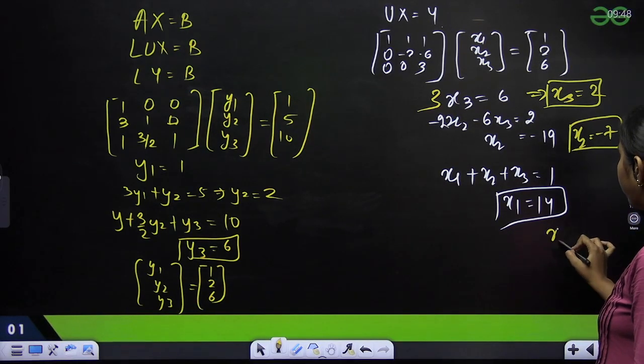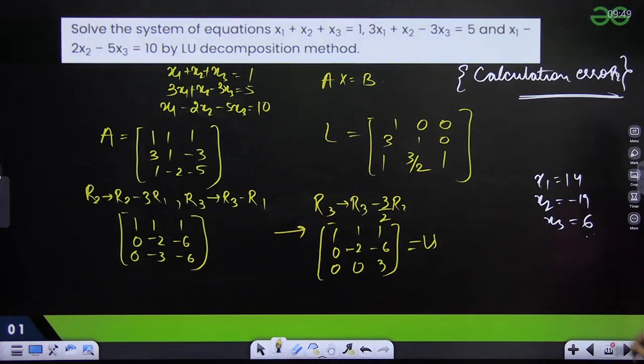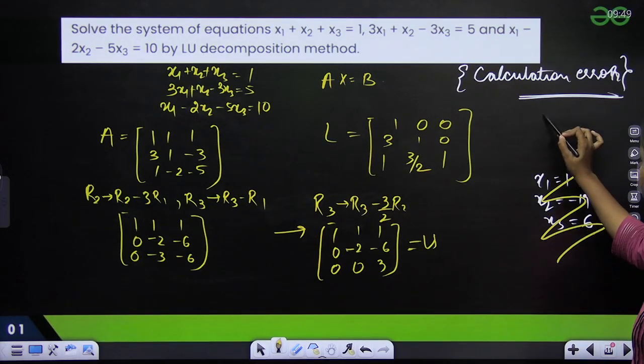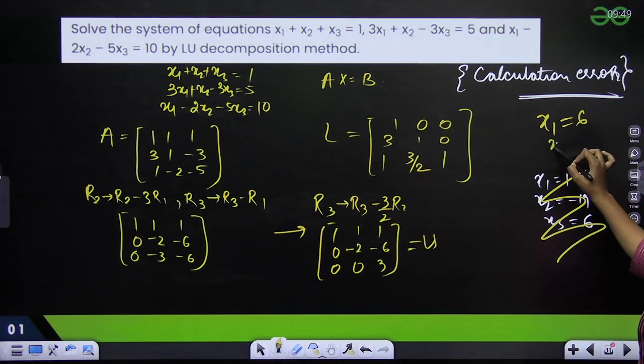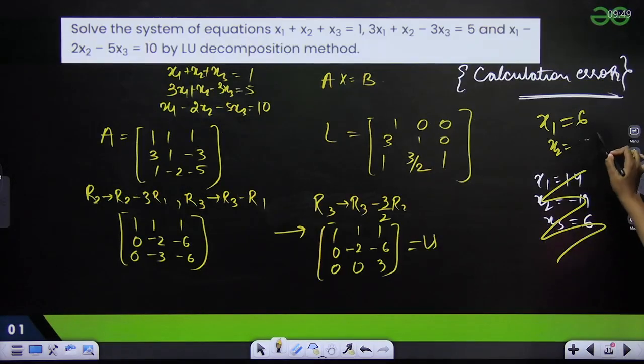Then if I substitute into minus 2x2 minus 6x3, six 2s are 12, plus 2 is 14, and x2 would be minus 7. Substituting the values, minus 7 plus 2, x1 would be 6. So the earlier answer was incorrect, and that's why we were getting the calculation error. So x1 is 6, x2 is minus 7 and x3 is 2 only. Now you can check that.